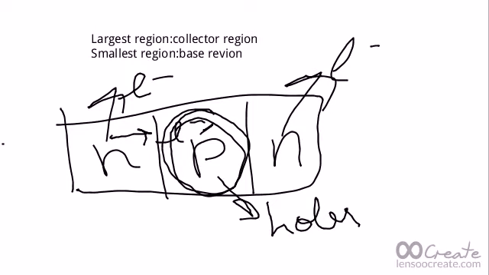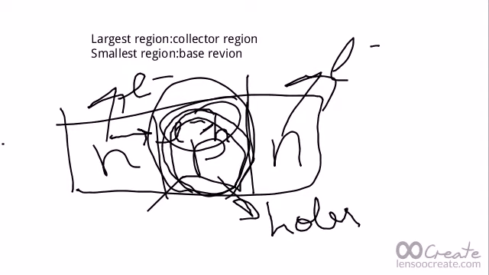Electrons coming from the emitter will recombine with holes in the base region. Some electrons will combine here, some will pass through. You can reduce the amount of electrons recombining with the holes if the base region is small. Then low recombination will be there, right?